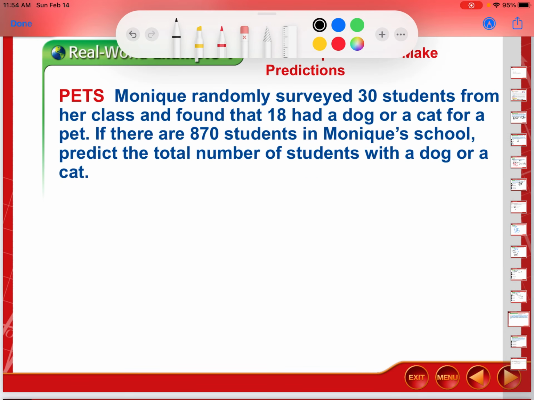All right, so Monique randomly surveyed 30 students from her class and found that 18 had a dog or cat for a pet.